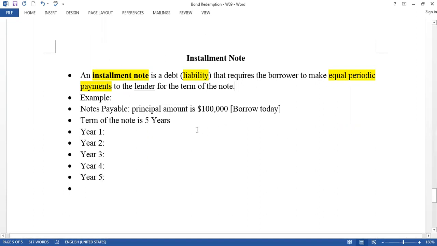Whenever you are going to pay money, so year one, December 31st. So you are going to pay this money every year, December 31st.